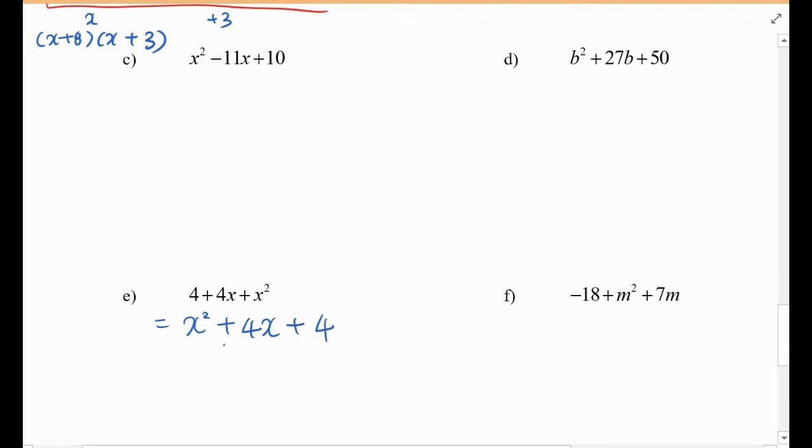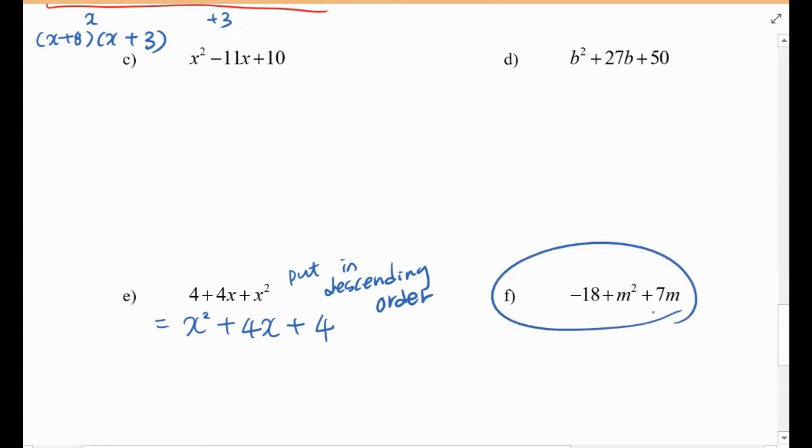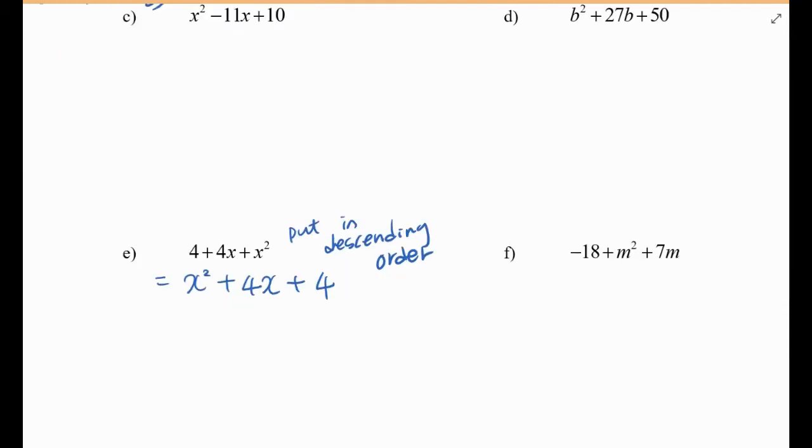Then x squared plus 4x plus 4. So just put it in descending order before solving. Same thing for this one. Alright, pause the video and solve the problems.